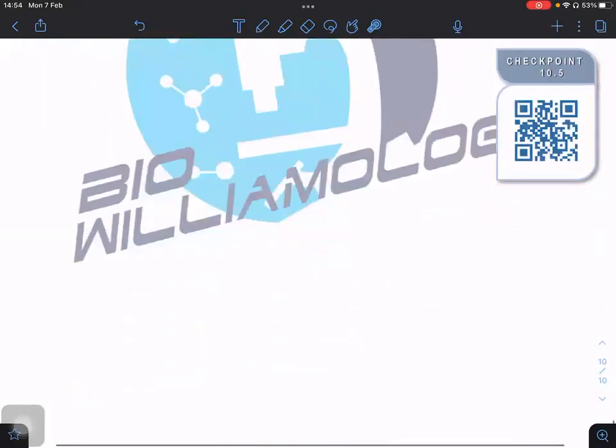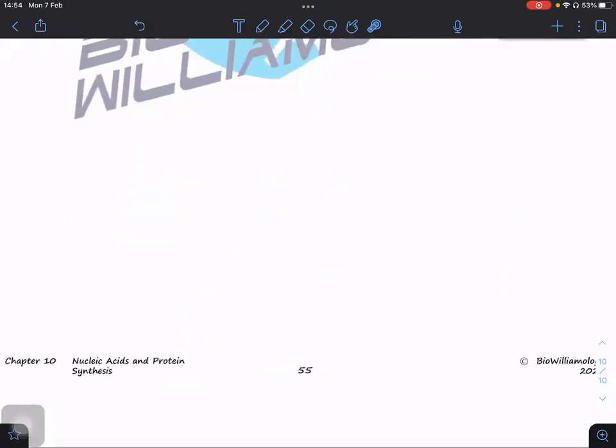Now, generally, when a question asks about the mutation, what is the effect of the mutation in general? We have to answer in 4 levels. The first level is at the DNA level. You're going to change the sequence of nucleotides. Are you clear?